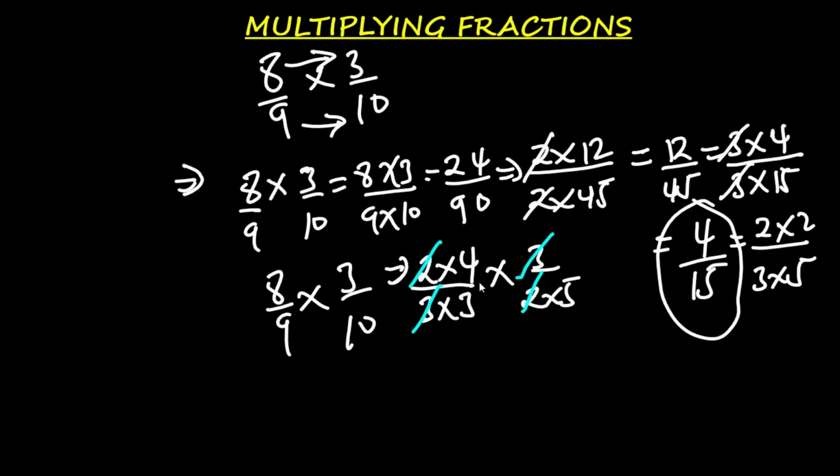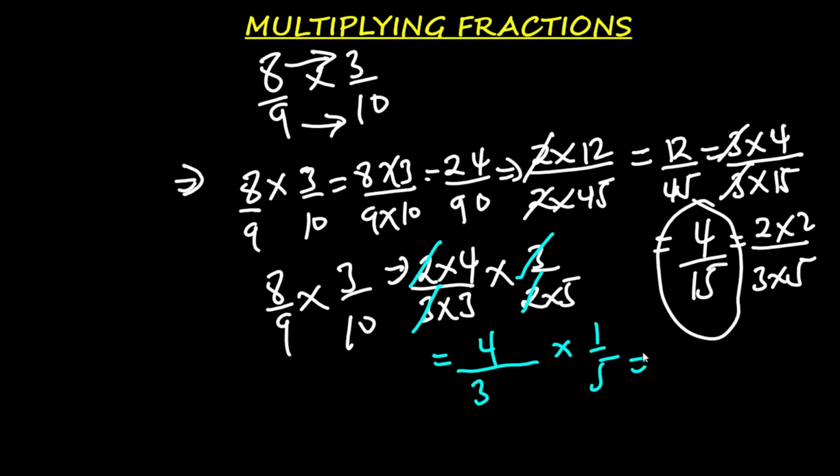So now I'm done with it. I have cancelled everything up here, left with the 4, and at the bottom I have 3 and 5. So 3 times over here there's nothing there, so 1 over 5. This is how it looks. Over here we have 4 over 3, and over here 1 is there, even though I didn't write the 1, but 1 is still there, so 1 over 5.